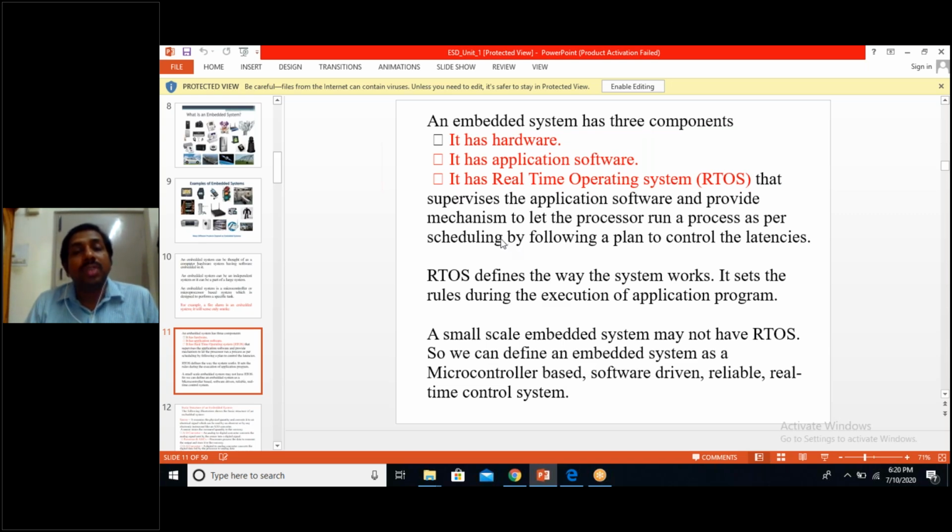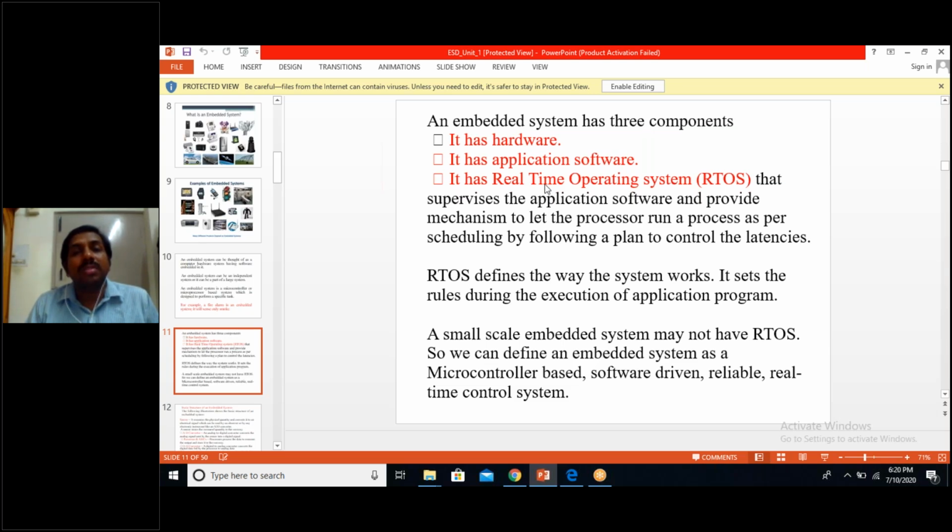This RTOS is going to schedule which application must be done in the application software, and it defines the way the system is going to work. During the execution of the application program, based upon the real-time input, it will do the scheduling and initialization of activities.